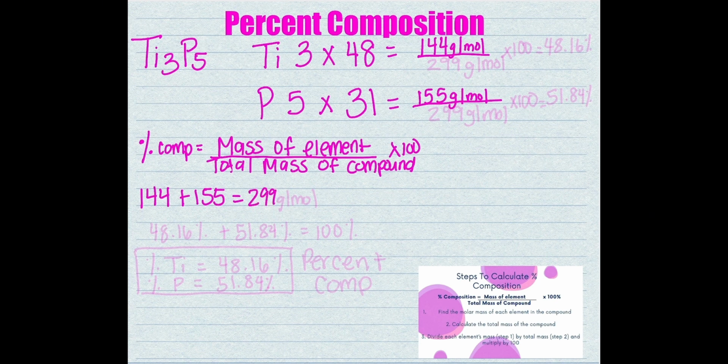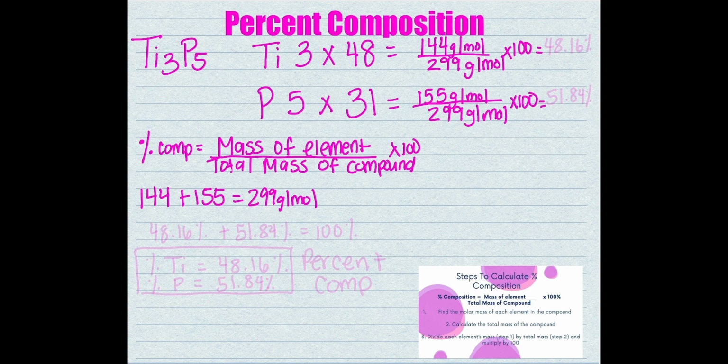So it equals 299 grams per mole. Okay. So you're going to take that number and you're going to put it below the mass of the element. Okay. For both elements. All right. And then once you do that, multiply that times 100.